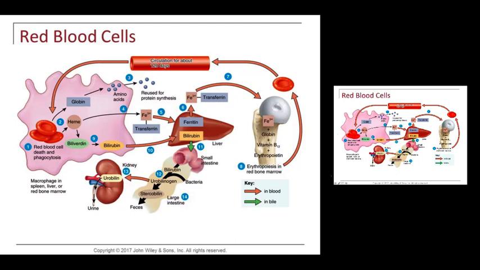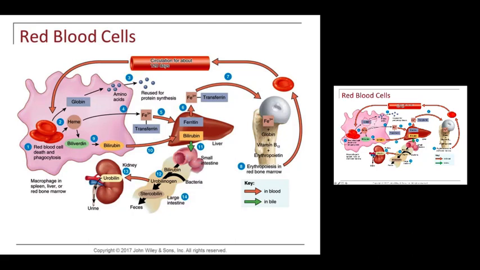If we look at the flow here, we start at 1, which is here at about 9 o'clock. The red blood cell dies, and the red blood cell is composed of hemoglobin. The heme goes through one phase of recycling, and the globin goes through another.